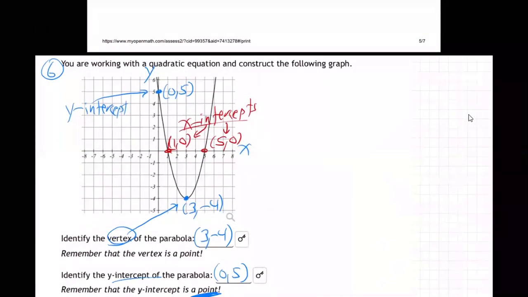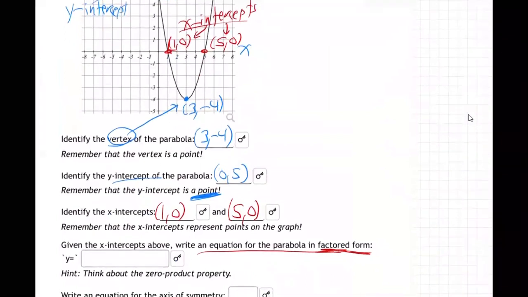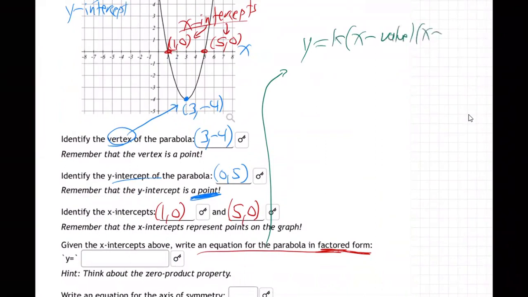So it's going to be y equals k, x minus value, x minus value, from the notes. So that's k, x minus 1, and x minus 5.